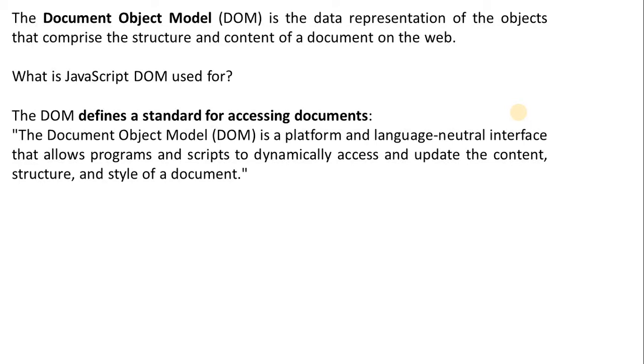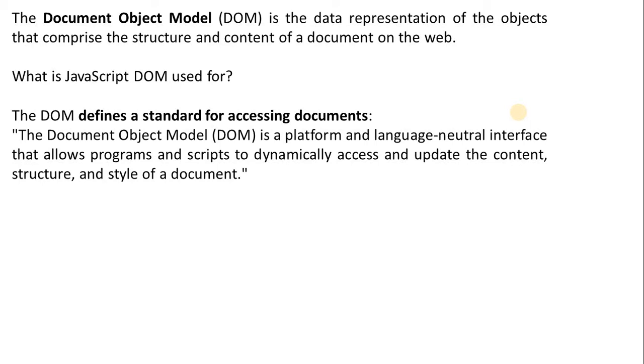The DOM defines a standard for accessing documents. The Document Object Model is a platform and language neutral interface that allows programs and scripts to dynamically access and update the content, structure and style of the document.